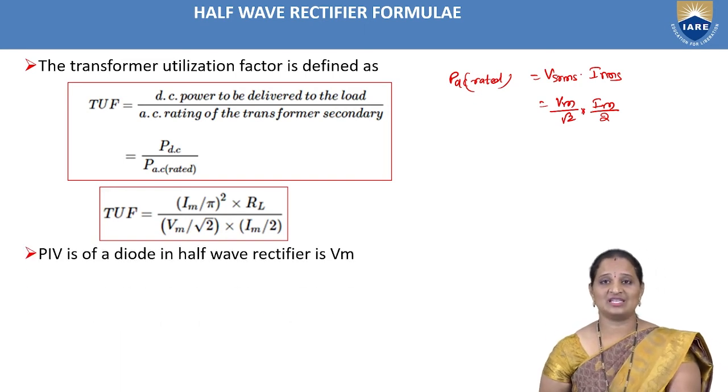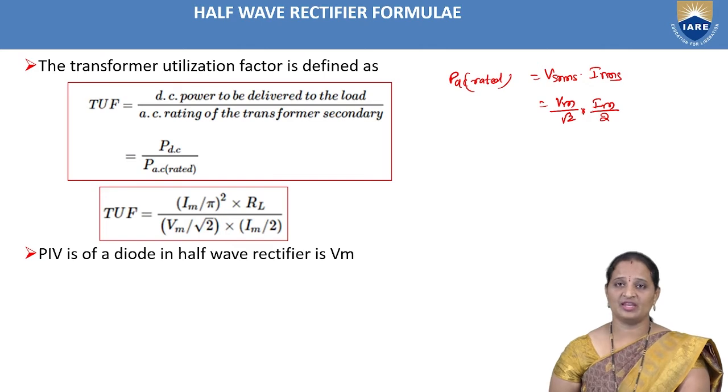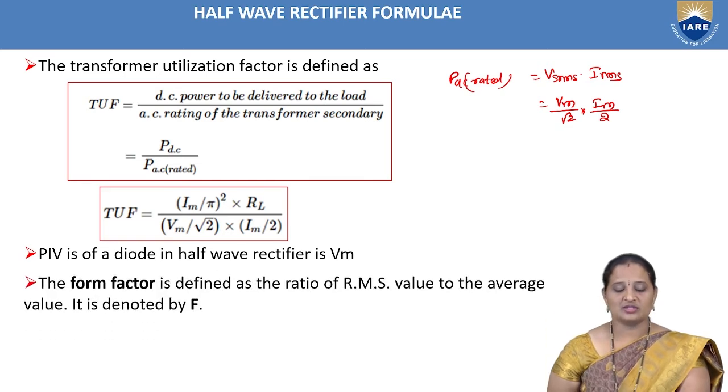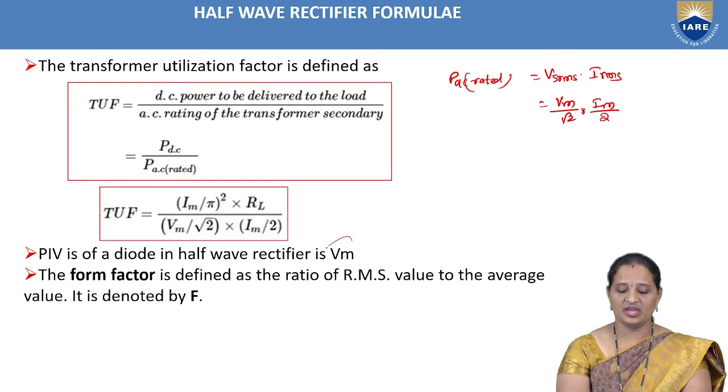This PAC rated is different from the AC input power from the transformer that we used in the case of efficiency. It is the secondary rating, whereas that one is the AC input power at the transformer secondary. Now coming to the peak inverse voltage of a half wave rectifier, it is Vm, the maximum voltage of the input.